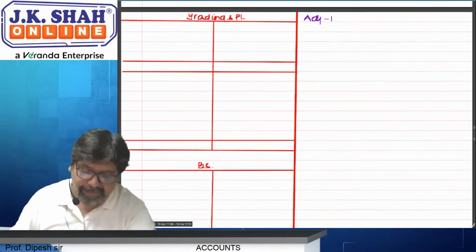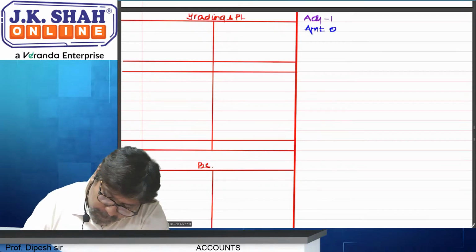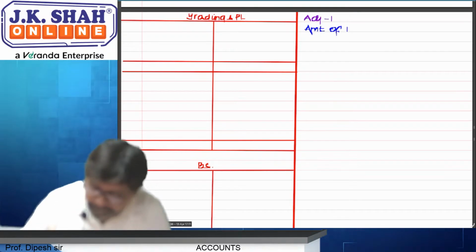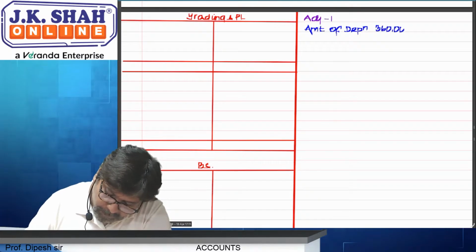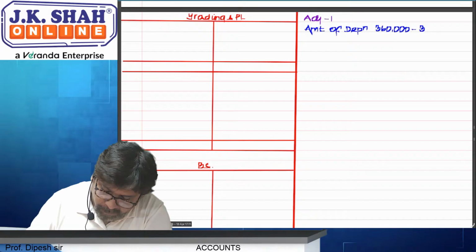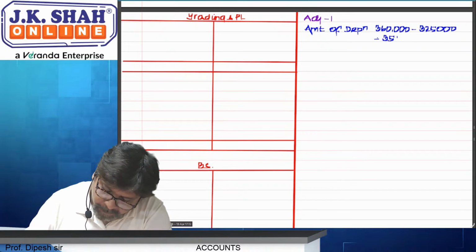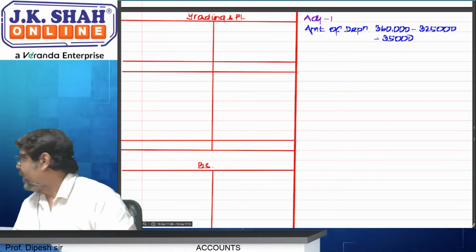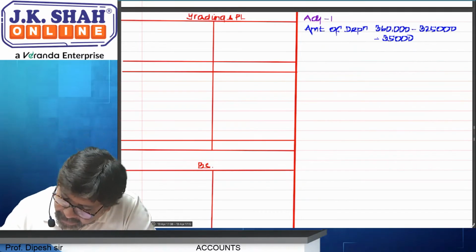Now write down, therefore amount of depreciation how much? 35. करेक्ट. तो P&L में क्या लिखूं?